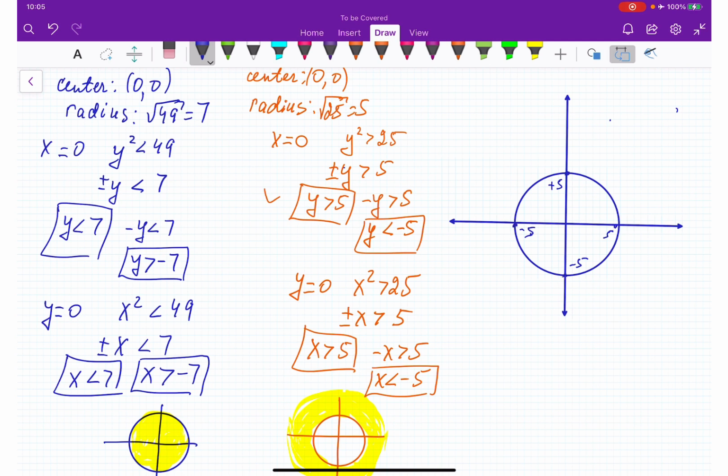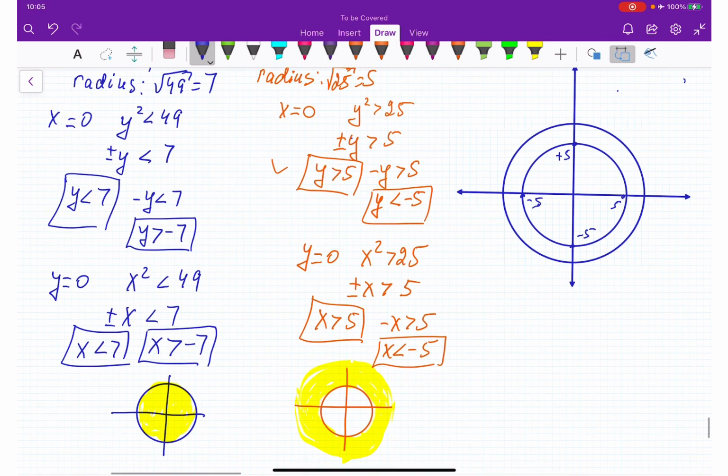And now let's take radius 7. I'm doing my best. A little bit, but that's okay. So what are we going to get? This is our 5, negative 5, 5 and negative 5. This is 7.